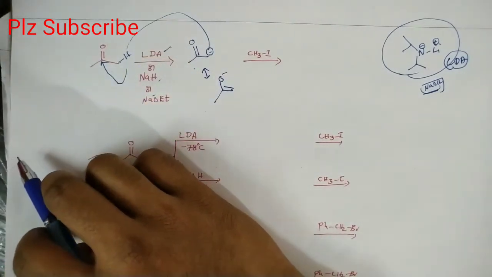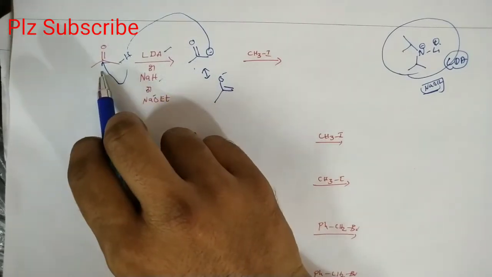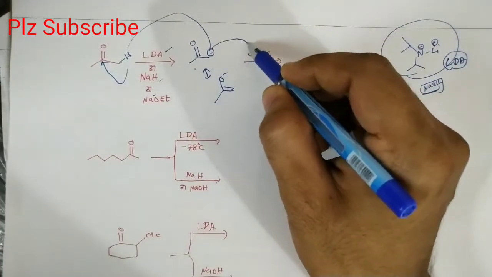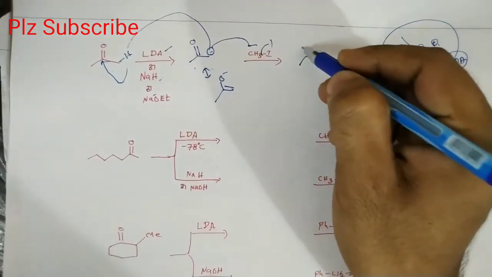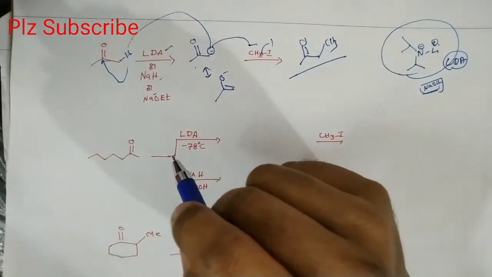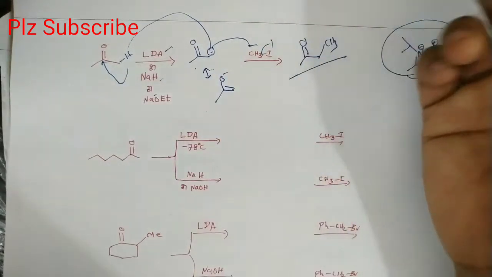That's why you must use a strong base. The strong base converts the total concentration of the ketone into enolate. Then simple substitution takes place, and we get the alkylated product. Of course, for a symmetrical ketone, substitution takes place on either carbon, so there is no confusion.